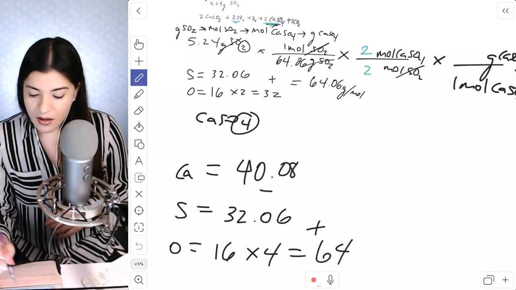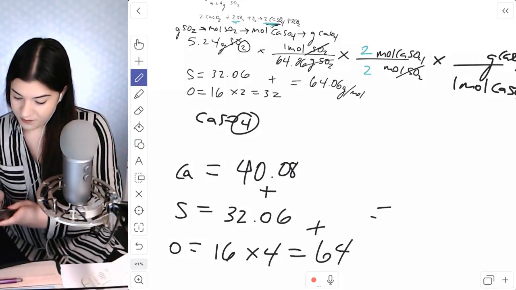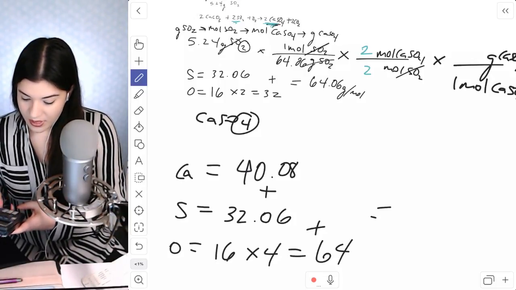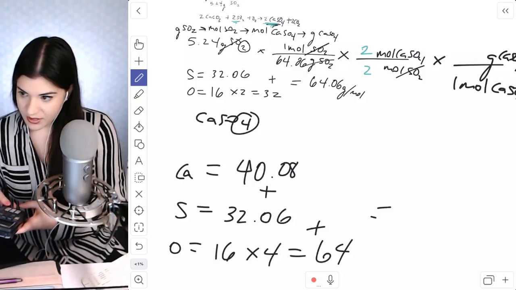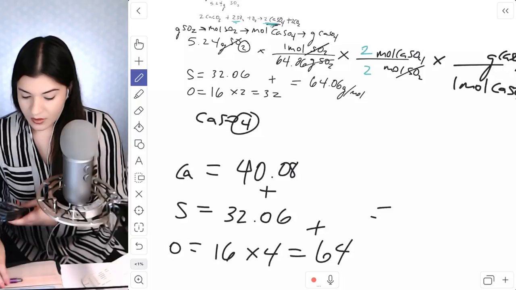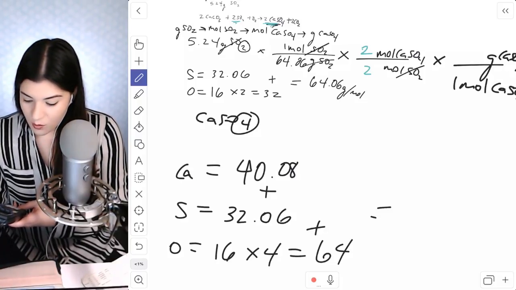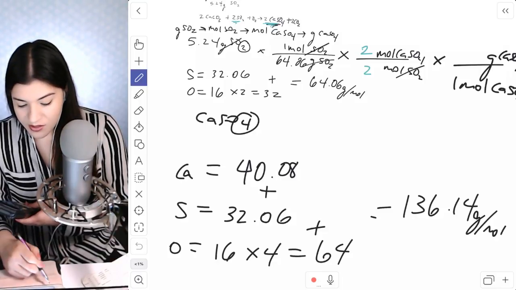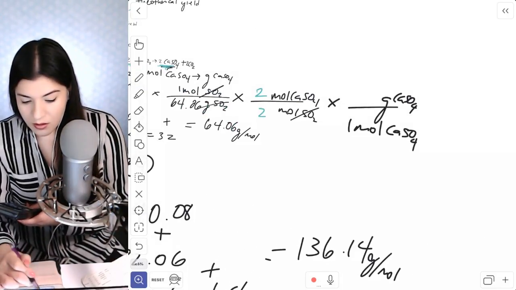We'll add all of these up: 40.08 plus 32.06 plus 64. Okay, that would give us 136.14 grams per mole, and that's what I'm going to put on top.